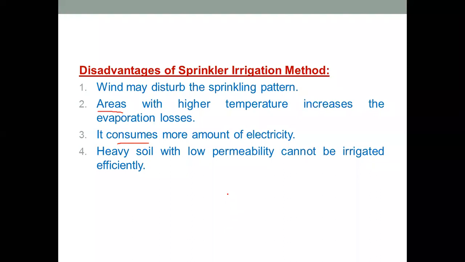Electricity is required in the sprinkler irrigation method first when we are pumping the water out of the wells or tube wells, second when we are transporting that water, and third in the use of the nozzle. So more electricity is required in this method than in the surface irrigation method.